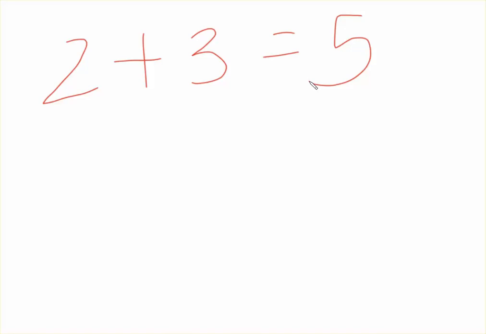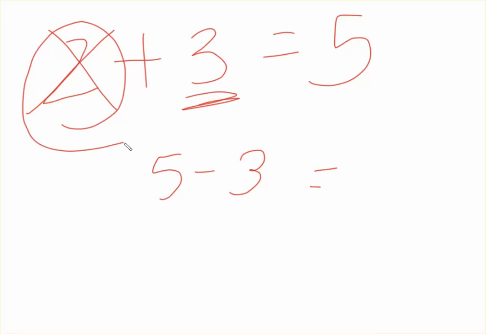So you say that what you don't know is x, a variable. What you do is take 5, the product, minus one of the reactants, and that gives you the other one.